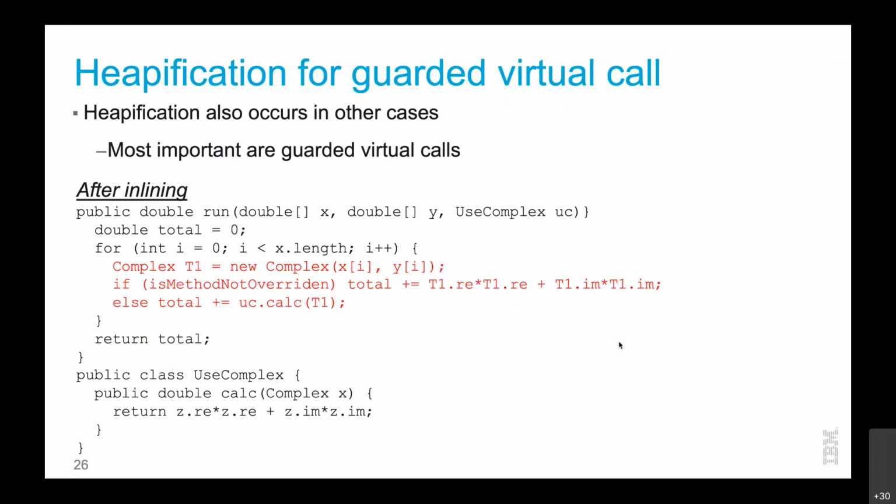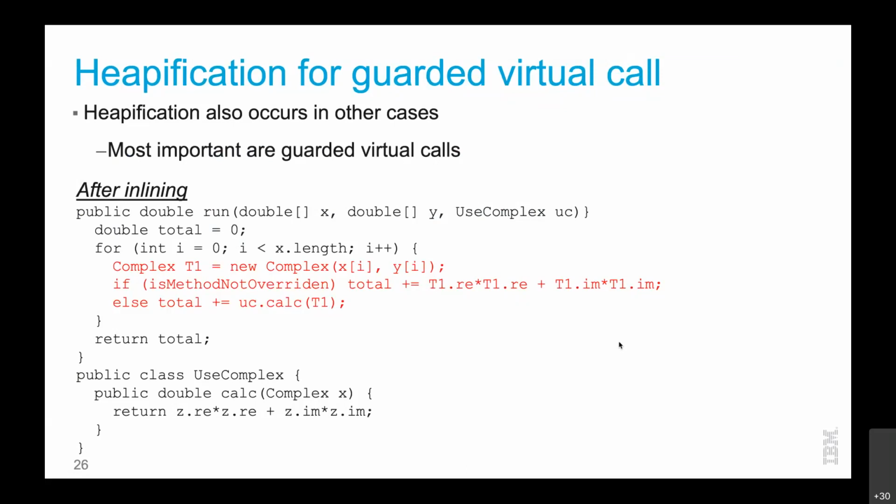The inlined body looks something like this, where it takes the real and imaginary components of the complex number and performs some operation on them. That is the inline version of the calc method, and it adds that to the total sum that's being computed. If the method has been overridden, we end up going into the else branch.